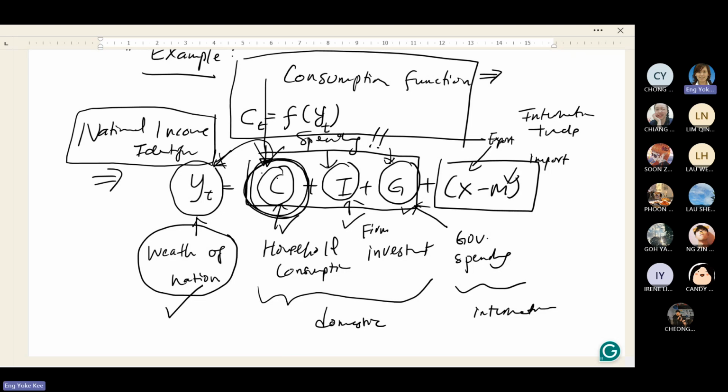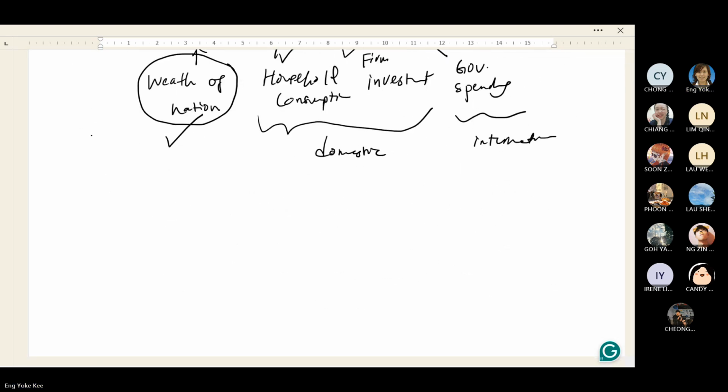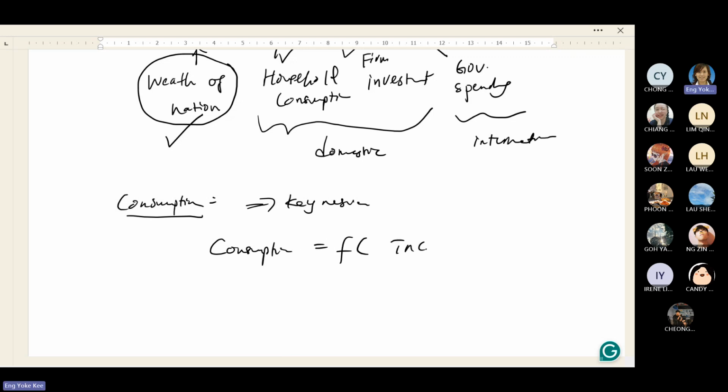So you are interested in looking at the consumption function. For the consumption function, you look at the theory. Let's say we follow the Keynesian school of thought. Keynes's consumption function, he basically says it very simply: theory says consumption is a function of income.